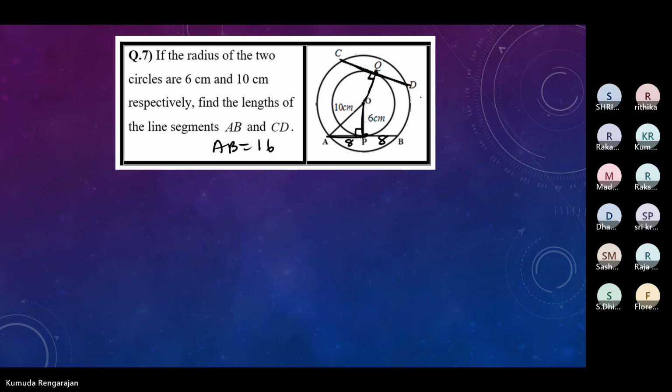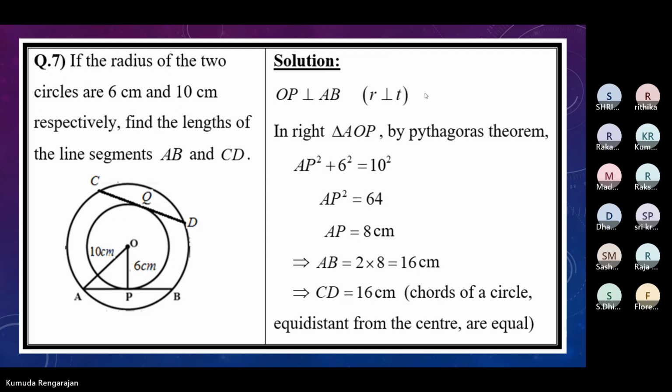And what's the distance? 6 centimeters. Why? Because radius. So OP is equal to OQ. This distance is 6 centimeters, and this distance is also 6 centimeters. Therefore, the respective chords AB and CD will be equal in length. So CD is also 16 centimeters. Right, children?